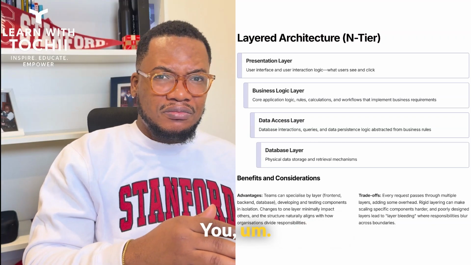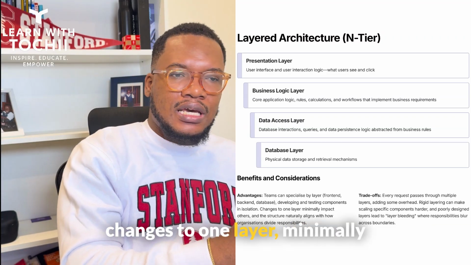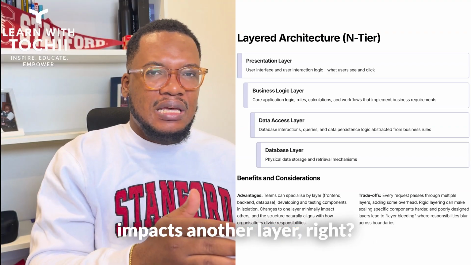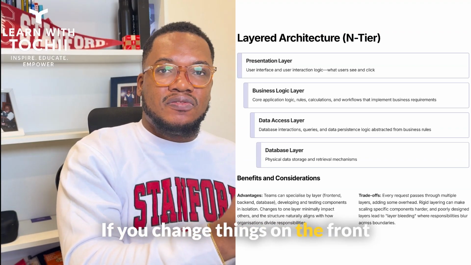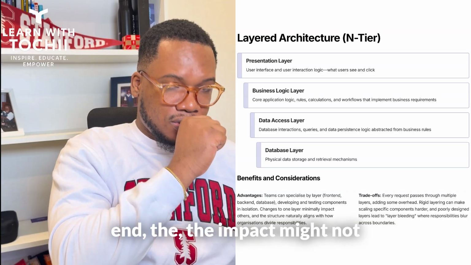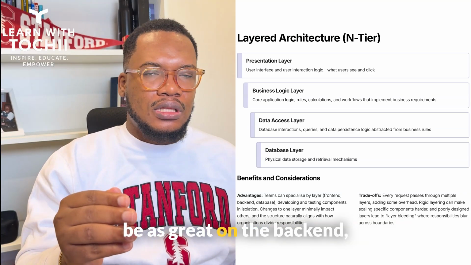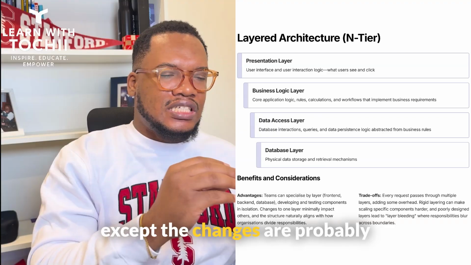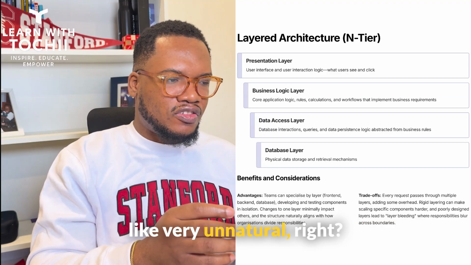Another advantage here is changes to one layer minimally impact another layer, right? If you change things on the front end, the impact might not be as great on the back end, unless the changes are very unnatural, right?